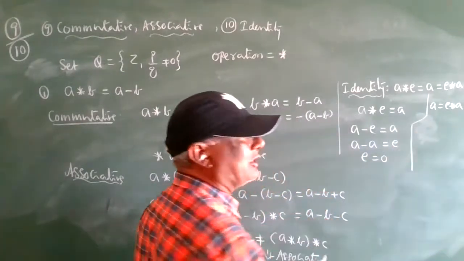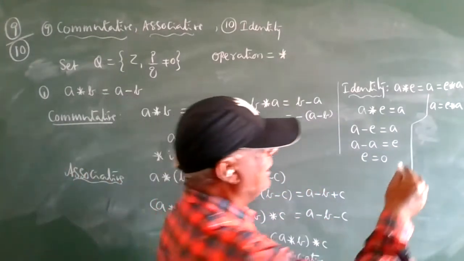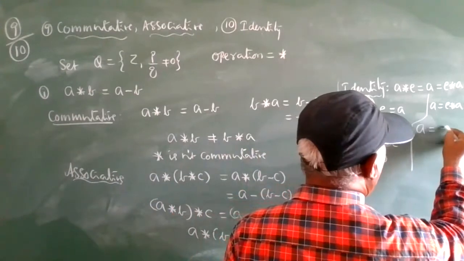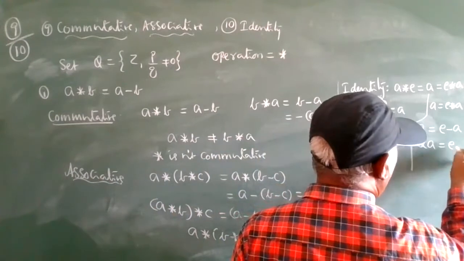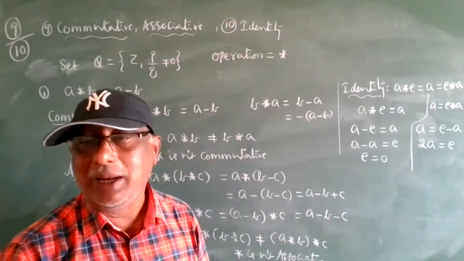Here check everyone: A is equal to E minus A, 2A is equal to E. E is not a constant element.